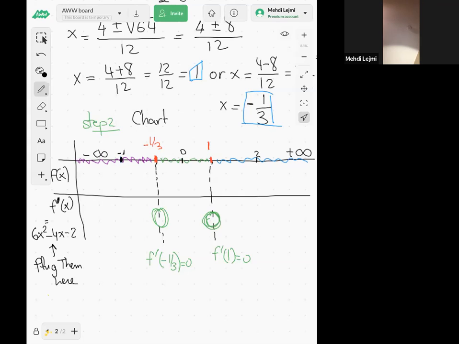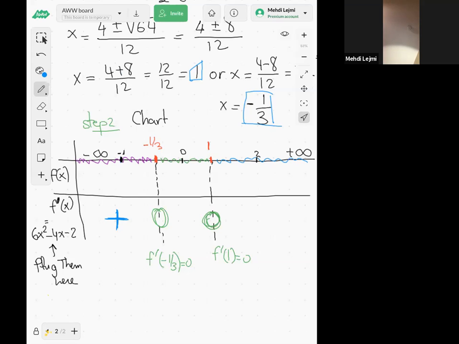If you plug negative 1 into 6x squared minus 4x minus 2, negative 1 squared is positive 1. So it's 6 minus 4 times negative 1, that will be plus 4. So it's 6 plus 4 minus 2, that would be positive 8. So the derivative on the first interval is positive. Now, on the second interval, I picked 0, right?